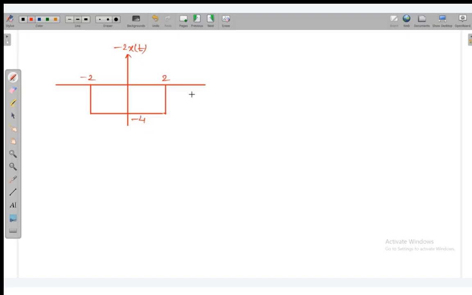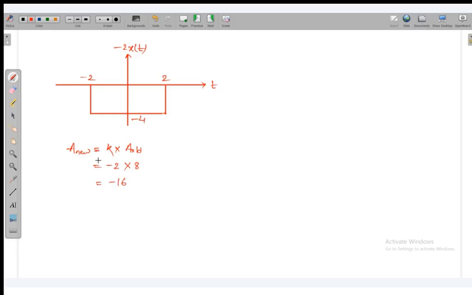This height is -4. Okay, so again, as we have made one conclusion that the new area is k times the old area, that means k is -2 and the old area was 8, so the area will become -16.